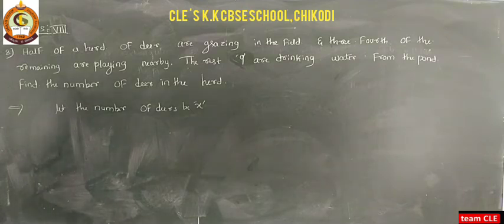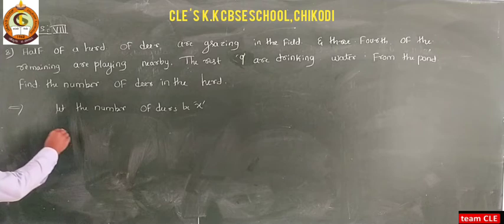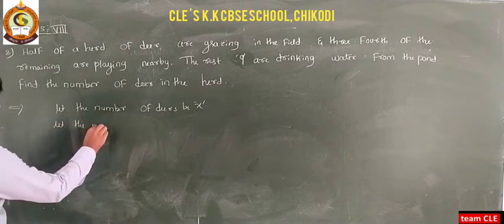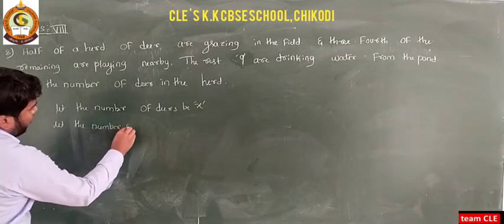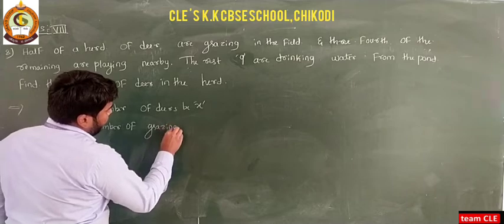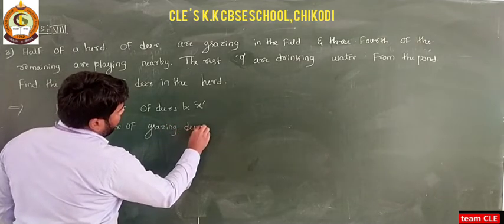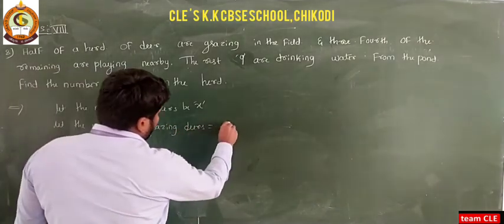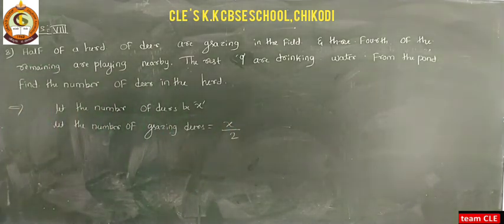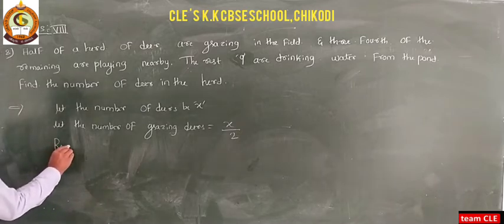And let the number of grazing deer be x by 2. Okay dear students, first, given that the number of deer is x, the number of grazing deer is x by 2, and the remaining are playing.